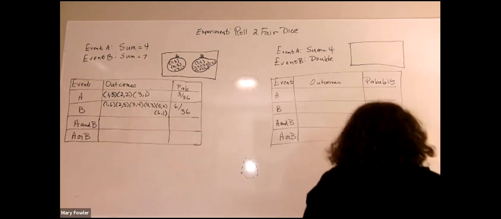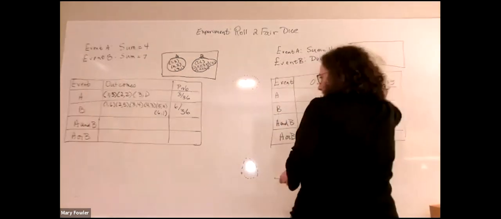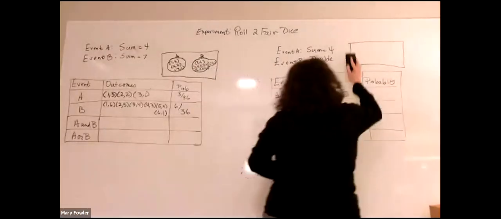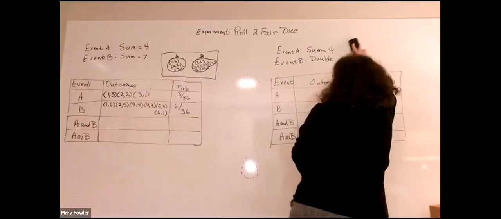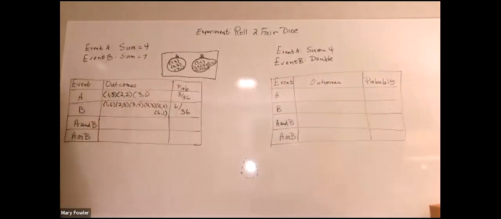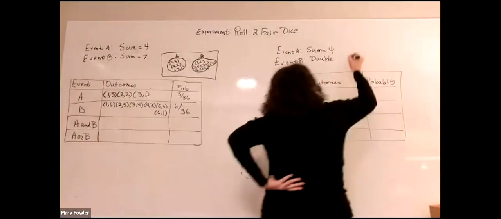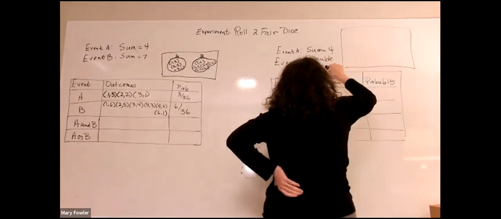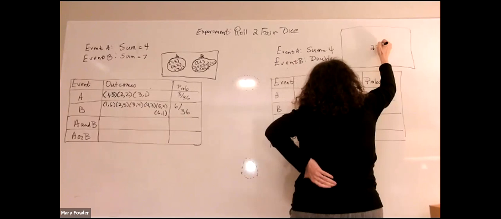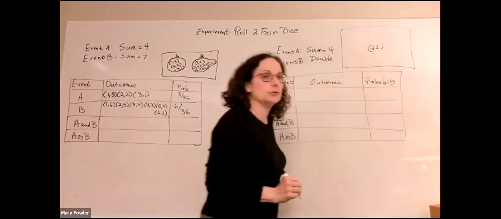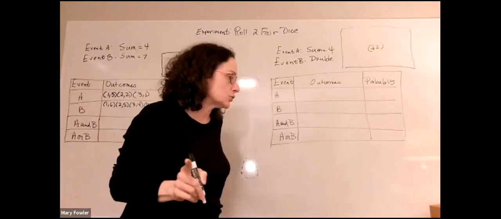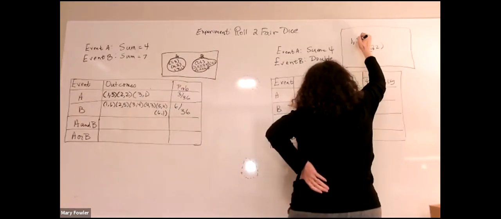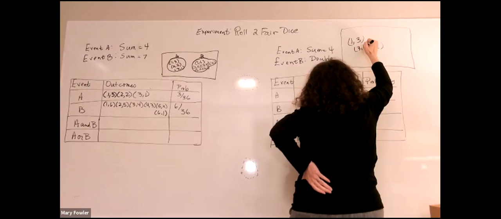Okay, so let's fill out this table and then also the square. So this is going to be the Venn diagram. I'll make it a little bigger because the other one's kind of squashed. All right, so the ways we can get a 4 and the ways we can get a double, there's one that has to be included in both of them. It's the 2 and the 2. Then the other ways for event A are 1 and a 3 and a 3 and a 1.